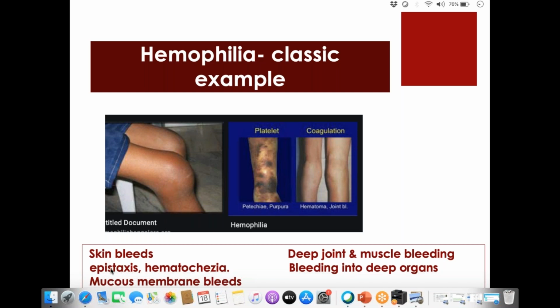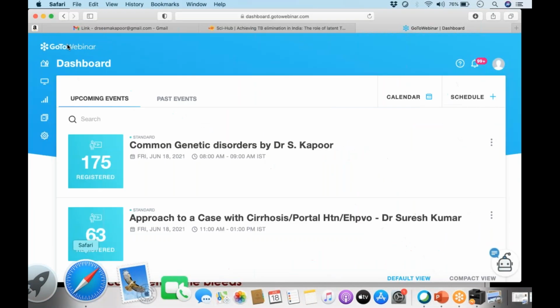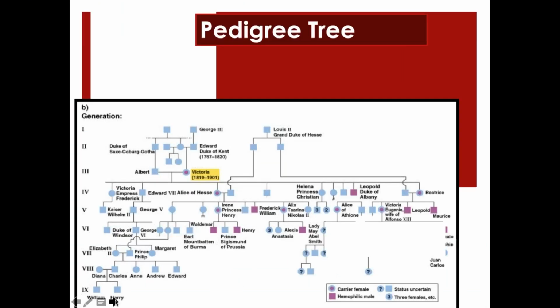So a bleeding disorder like von Willebrand's disease, like platelet numerical defects or platelet structural defects will present with skin bleeds, epistaxis, hematochezia, while clotting factors would present with deep joint, muscle bleeding, bleeding into deep organs, and even bleeding into the CNS. Yes. So here, let's go to the next slide.